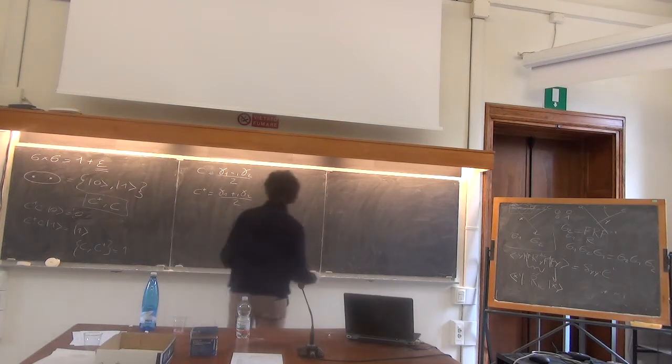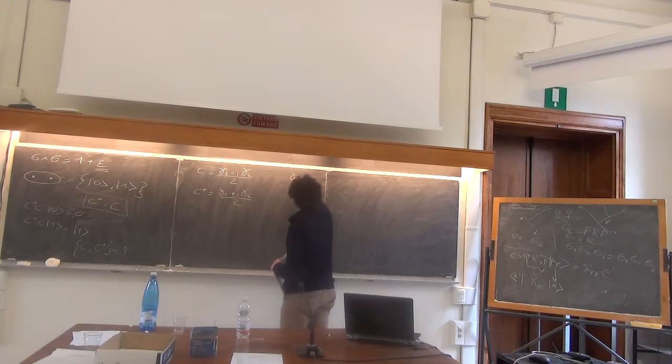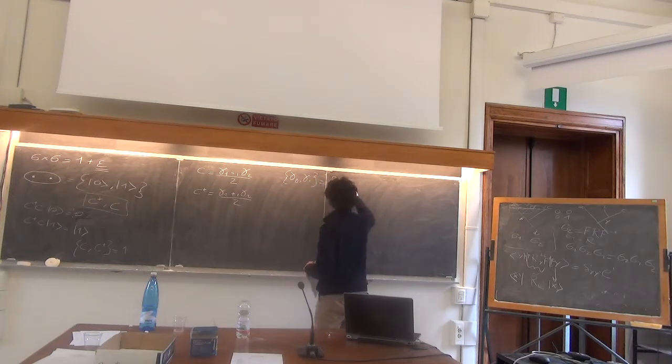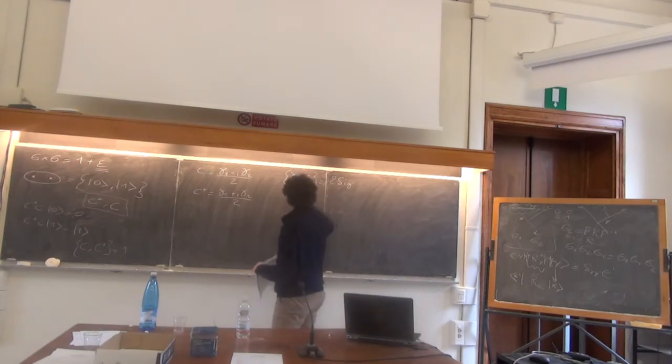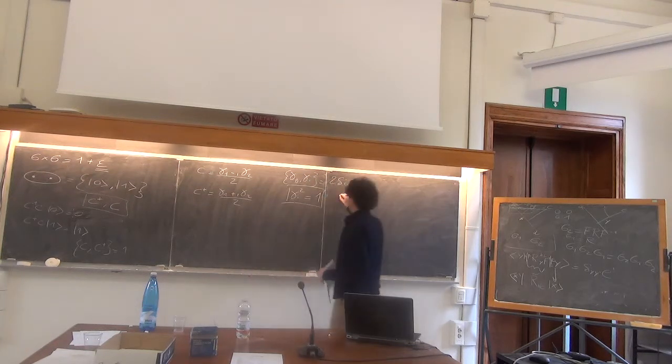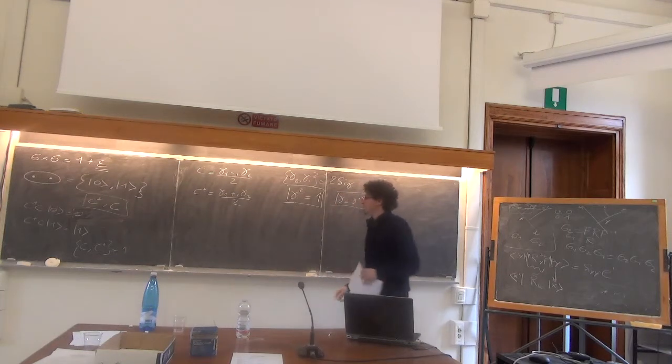These operators gamma obey the Clifford algebra, the anticommutator of gamma i and gamma j equals twice delta ij. So unless i and j are the same, they anticommute, and in this case gamma squared is equal to 1. These are real objects.